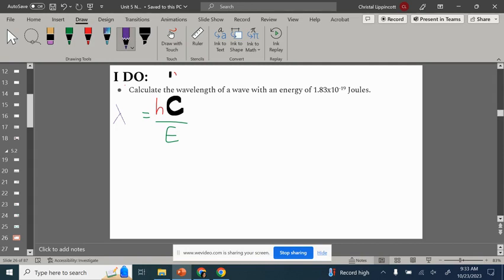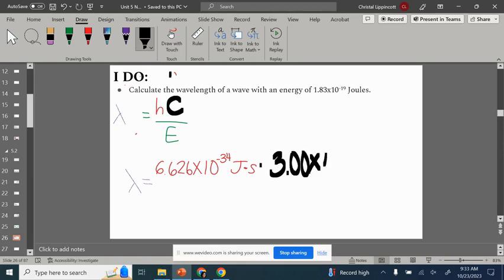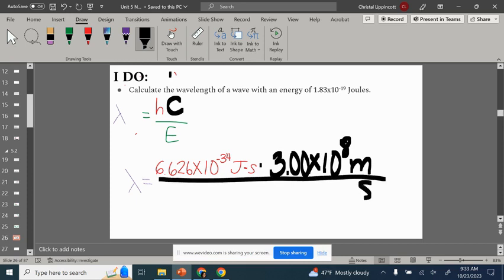I'm going to have my wavelength equal to Planck's constant times the speed of light divided by energy. My energy they had in joules, so we're good to go with that. We don't have to convert it into anything.